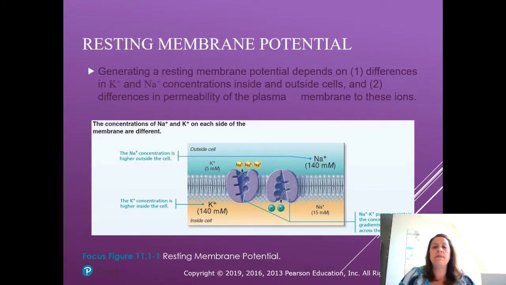So generating a membrane potential depends on two things: the differences in sodium and potassium concentrations and the differences in permeability of the plasma membrane. When we talked about permeability before, we talked about gated channels, voltage channels, how those ions are going to get across. Here we have a higher concentration of sodium outside the cell, a higher concentration of potassium inside the cell, and you'll notice that we have some gated channels going to move those ions around.